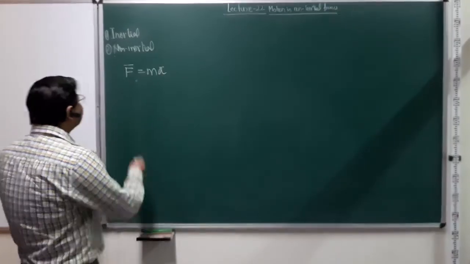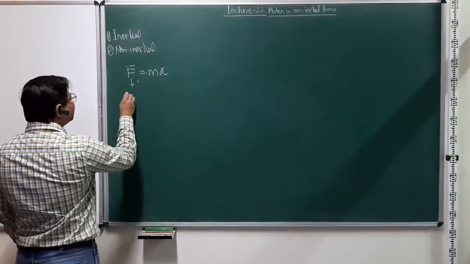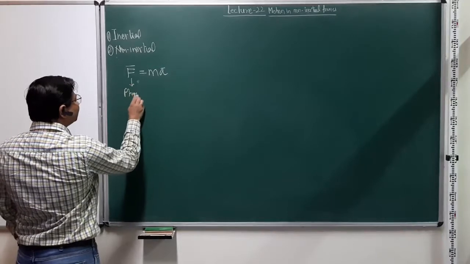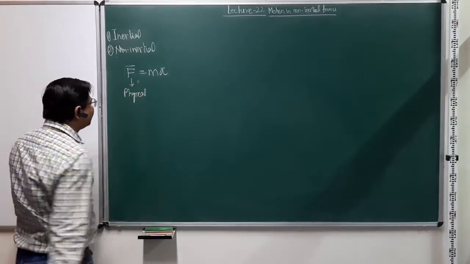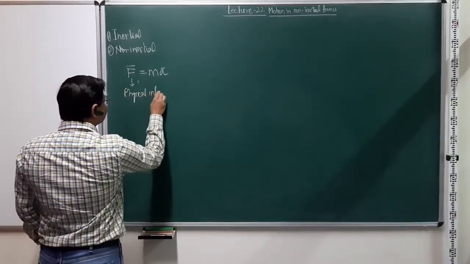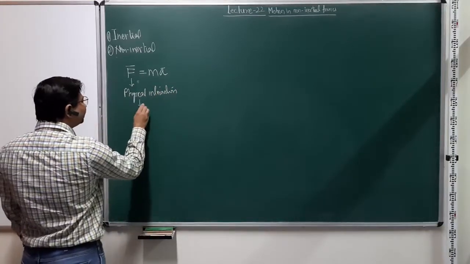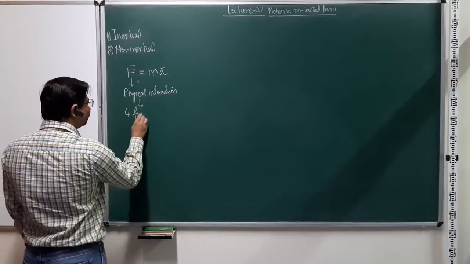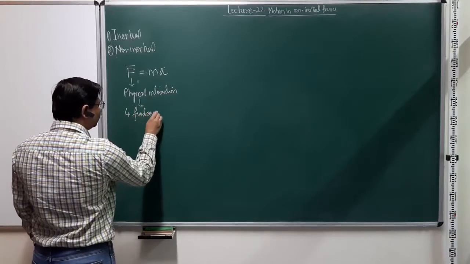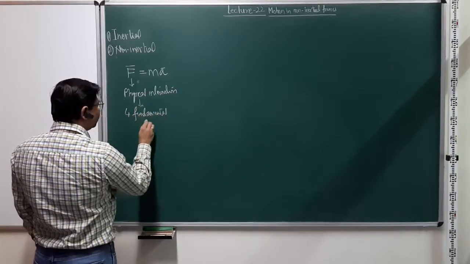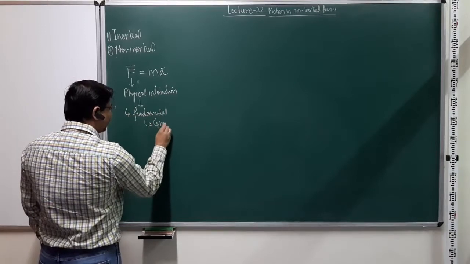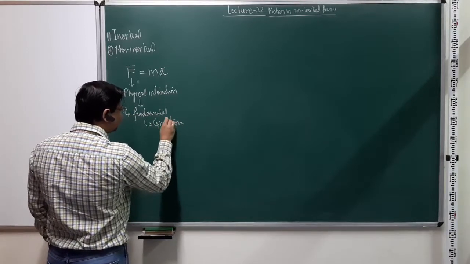And we know that there are four kinds of physical interactions. So this is a representation of the physical interaction, and in nature we have four fundamental interactions, and sometime I think in one of the lectures we discussed this.